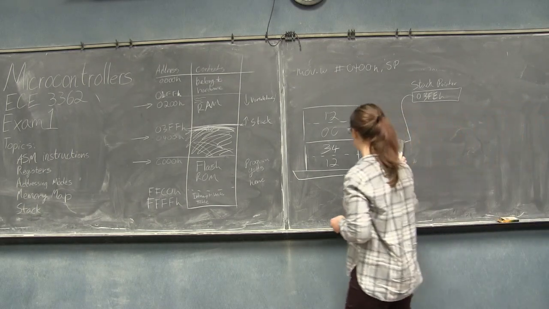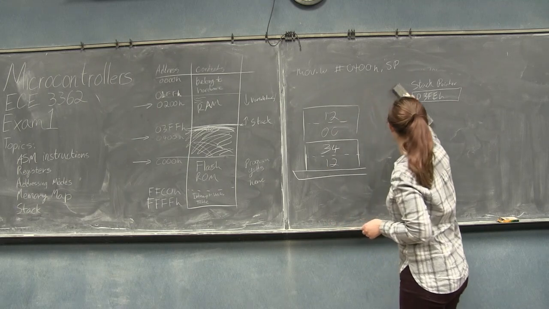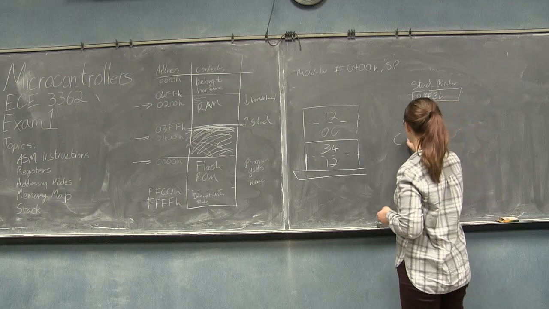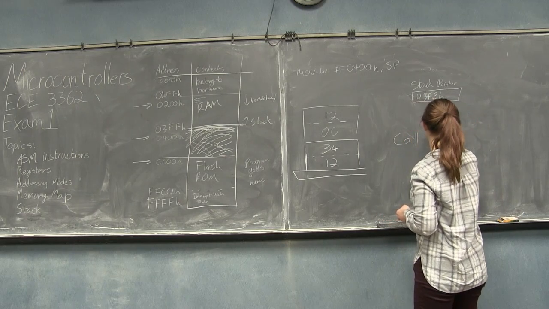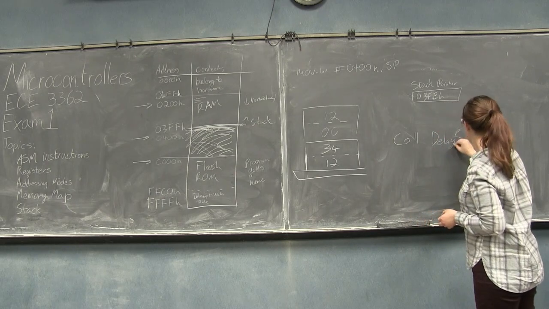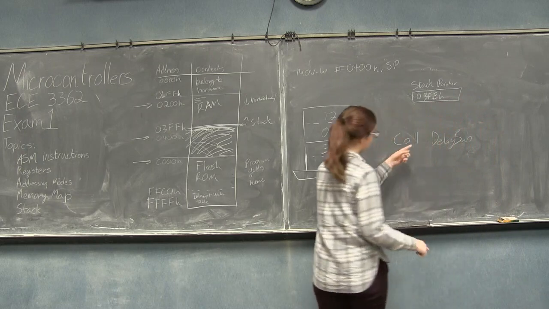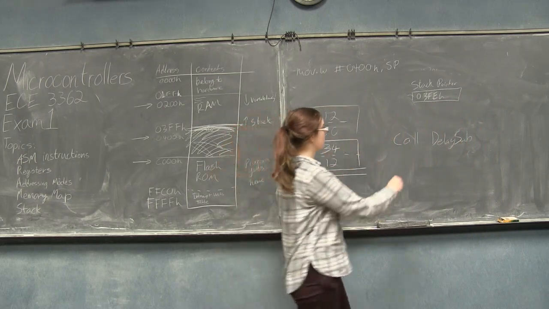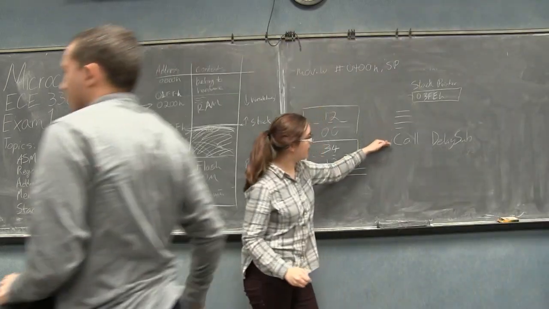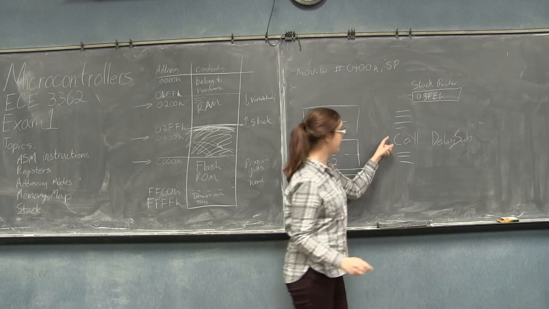Now the stack is automatically used when you use a call function. So when you call a subroutine, say you have a delay subroutine. So you have some number of lines above call delay subroutine, and some number of lines below.